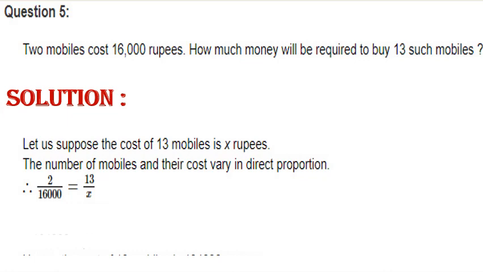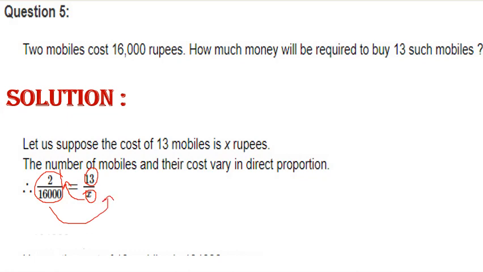Then we need to find the cost of 13 mobiles. So the number of mobiles in the numerator, that is 13, divided by the cost of those 13 mobiles, which we have presumed to be X, is taken down in the denominator. So now to find the value of X we have to shift to LHS. Accordingly 2 upon 16,000 will shift to RHS.